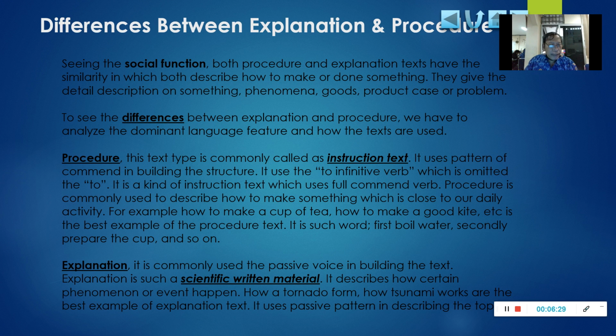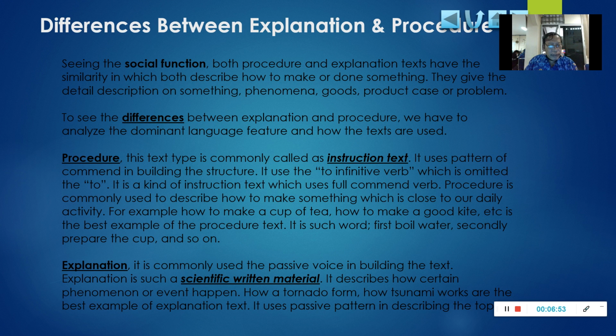Procedure. This text type is commonly called an instruction text. It uses patterns of command in building the structures. It uses the to-infinitive verb, with the to omitted. It is a kind of instruction text which uses full command verbs.